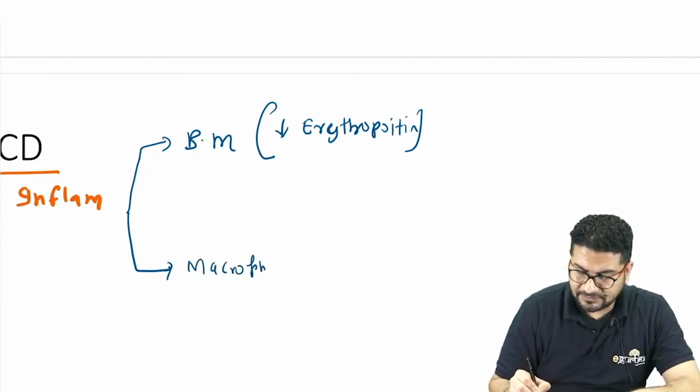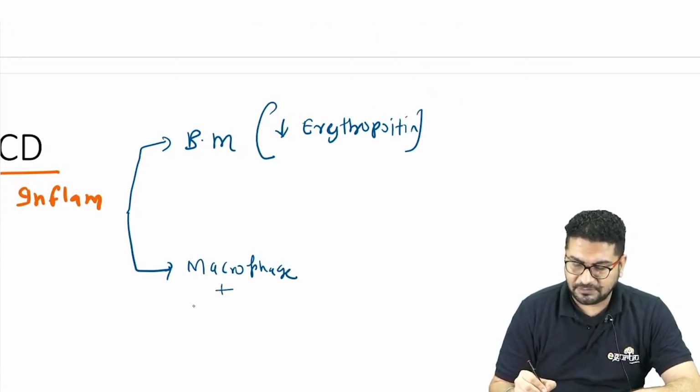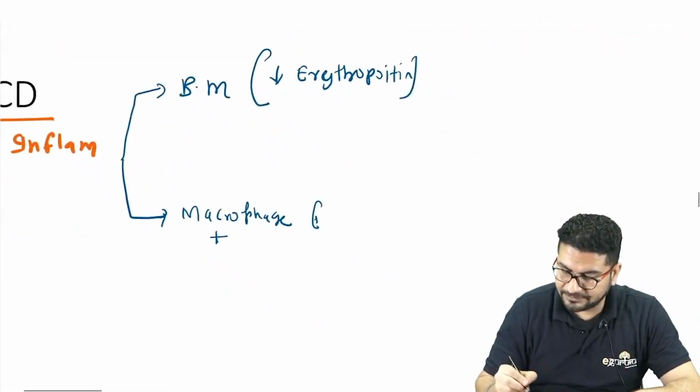Understand this macrophage, with the help of some protein, especially in the liver. I told you in the liver we have a protein called hepcidin.